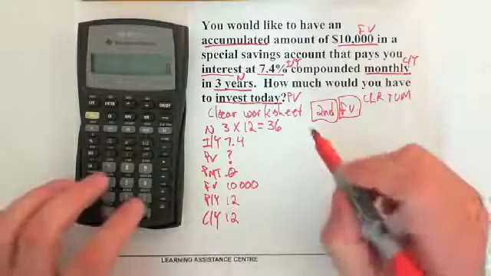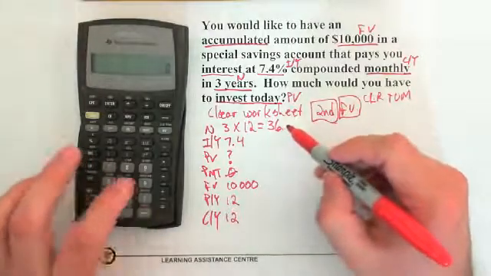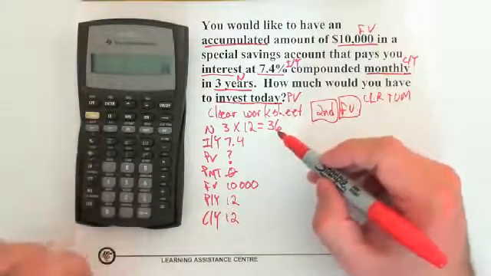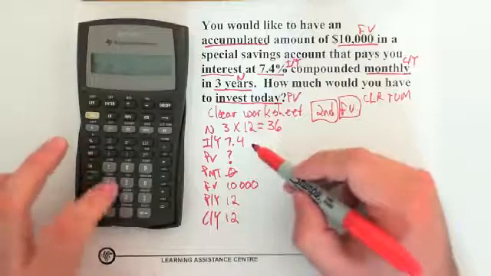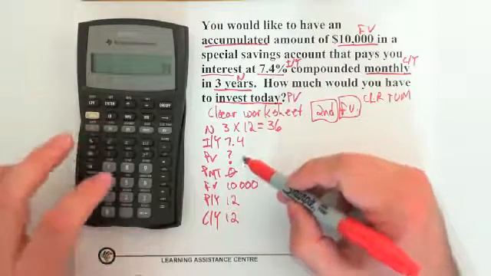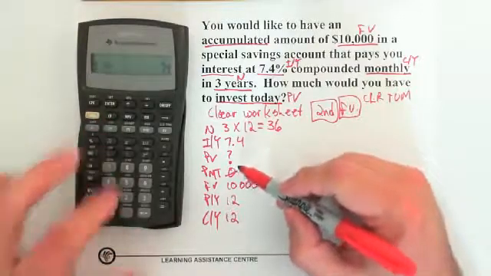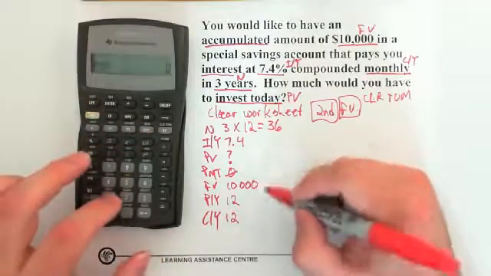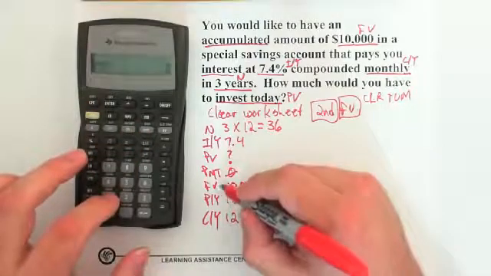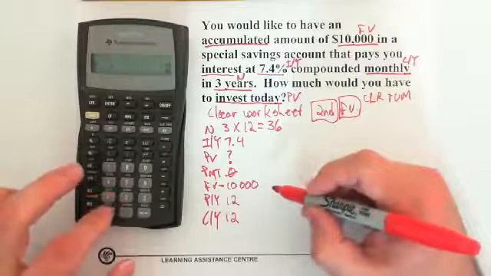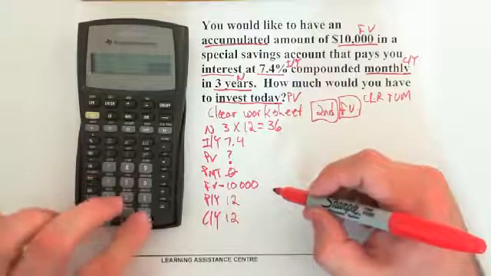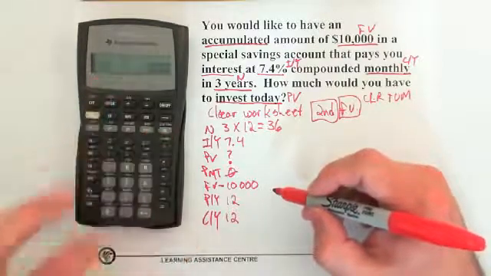Okay, so let's start with the numbers. So we got 36 N, and then 7.4 IY. Skip the PB and put 0 payment. And then we're going to make this 10,000 negative, so we get a positive answer. So then 10,000, the plus minus button, future value.